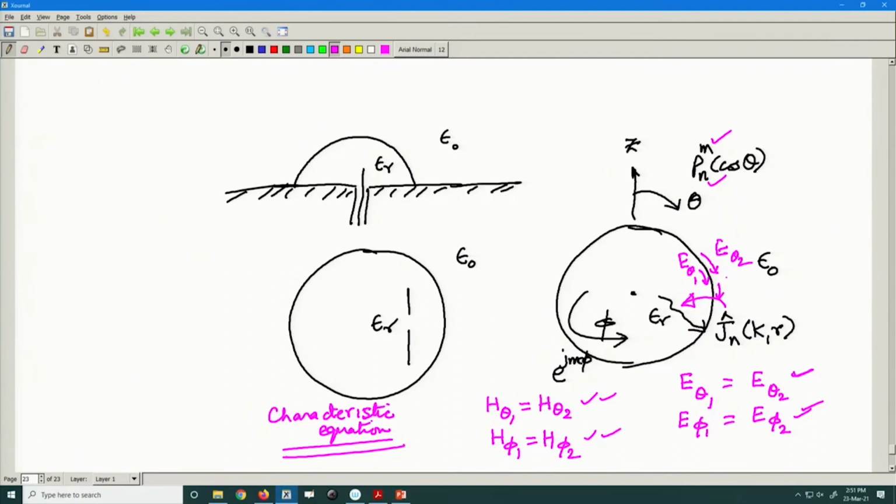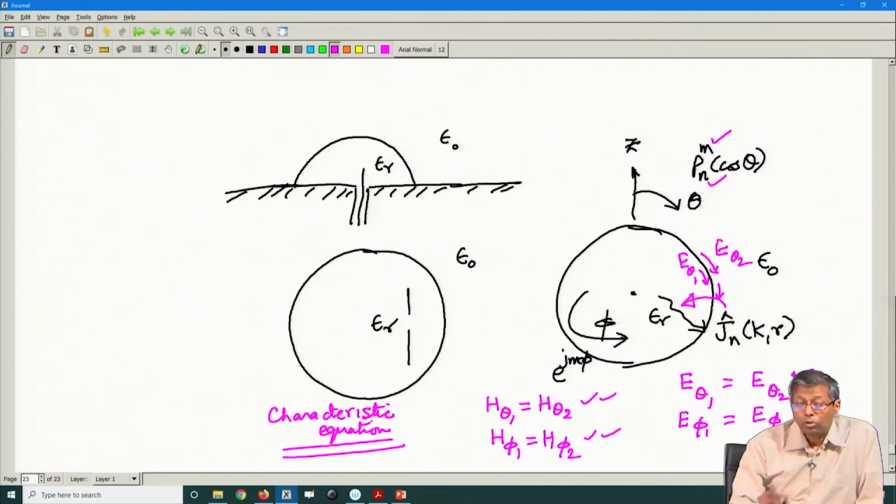In this solution we assume that the source is absent, that the fields have been established by the source, but the source itself is absent. So, the roots of this characteristic equation will yield the infinite modes of this spherical ball.